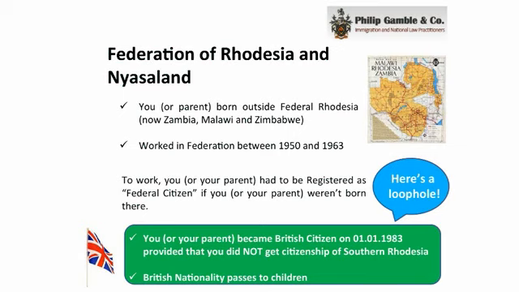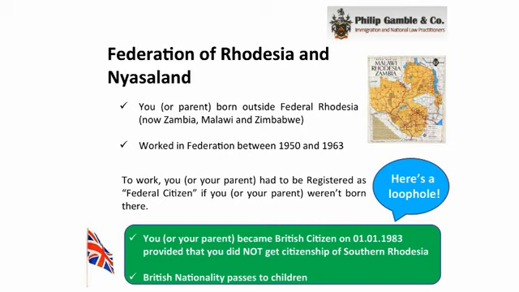We're now going to talk about how acquisition can take place from a connection with the Federation of Rhodesia and Nyasaland. The Federation of Rhodesia and Nyasaland existed in the 1950s and ultimately was dissolved on the 31st of December 1963.